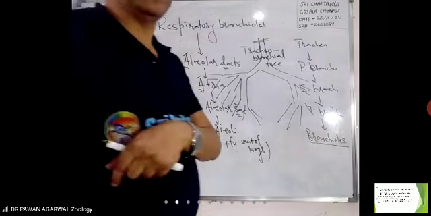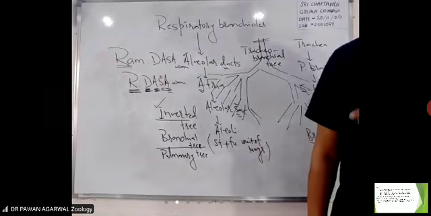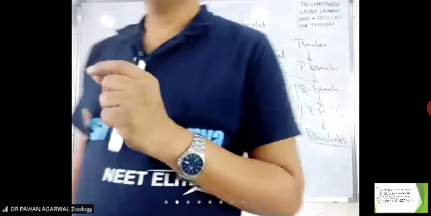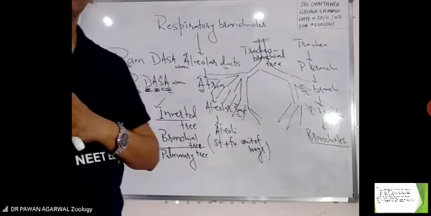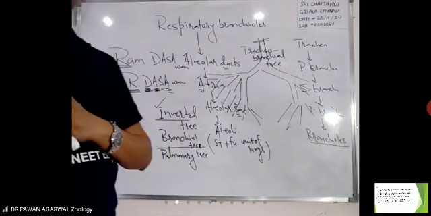Now see here, the trachea, bronchi, and initial bronchioles. Very important point here. Although they look theoretical, each point is a question. The trachea, bronchi, and initial bronchioles are supported by incomplete cartilaginous rings.